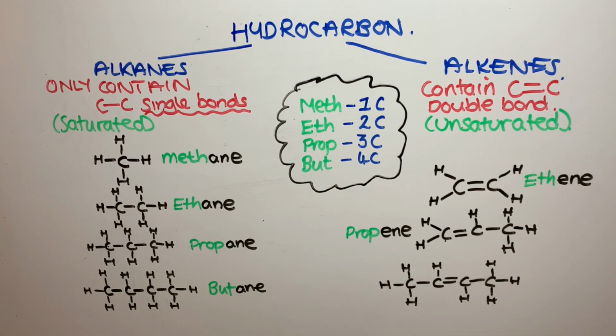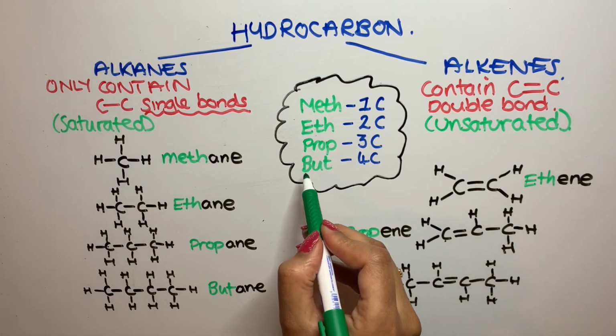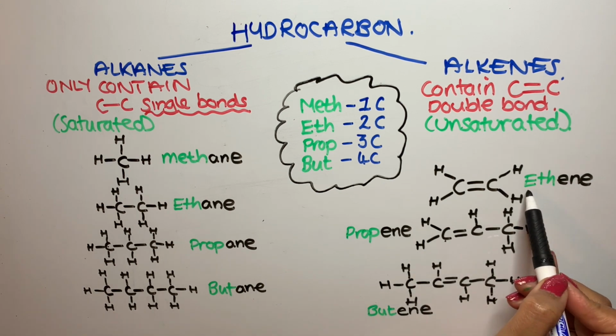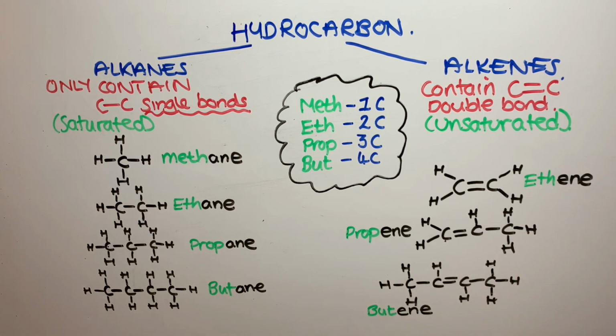And now for the naming, the start of the name, I have 4 carbons. So the start of the name is going to be but-. And because it's an alkene, it would be butene. Okay, so an alkene made up of 4 carbon atoms, an alkene made up of 3 carbon atoms, and an alkene made up of 2 carbon atoms.